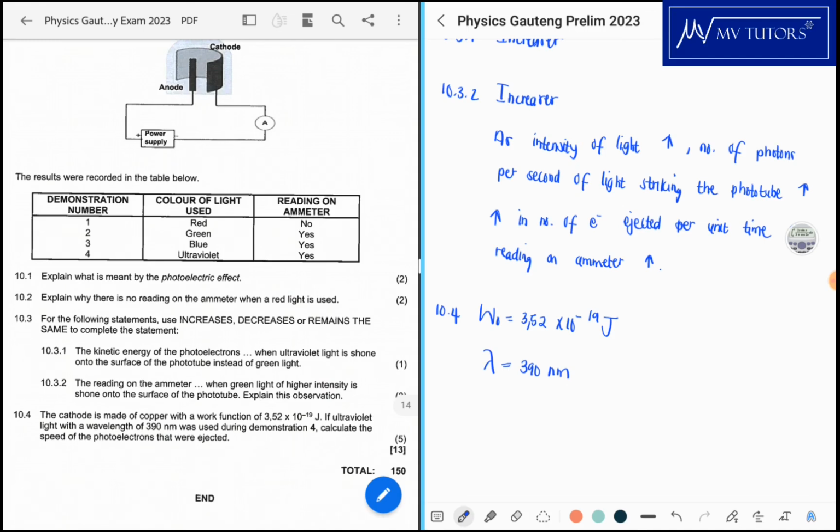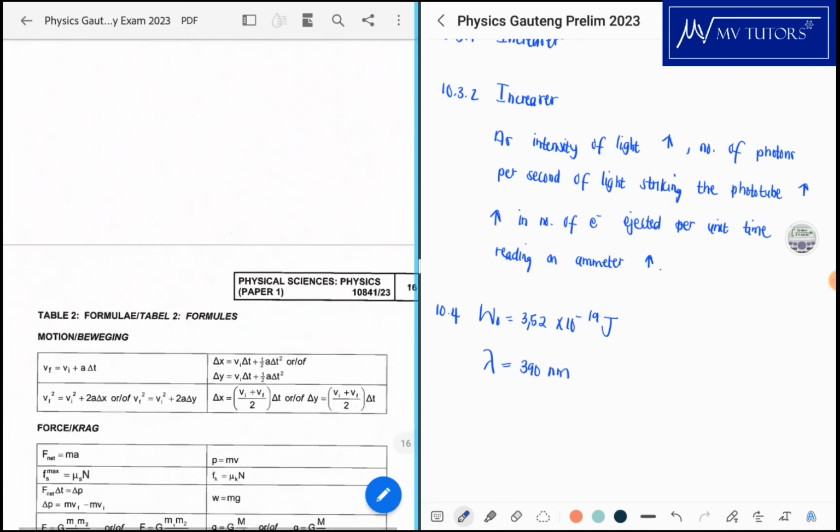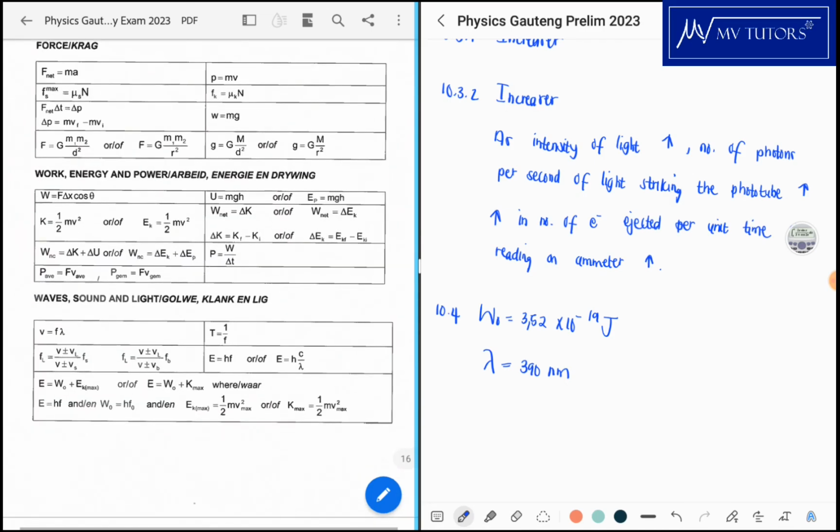First, let's look at the formula sheet. We're going to start with this formula, where E is equal to the work function plus the maximum kinetic energy. And we know that E is equal to Planck's constant times the speed of light, c, over the wavelength.